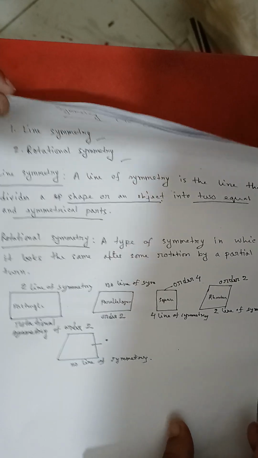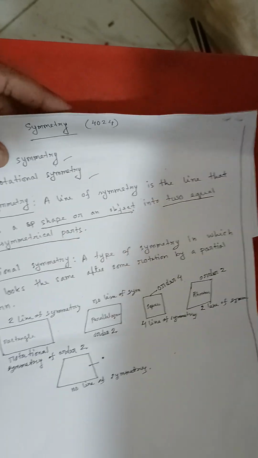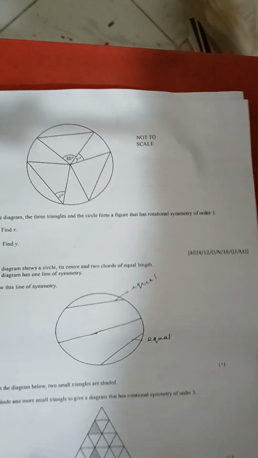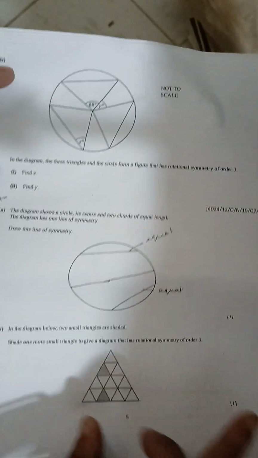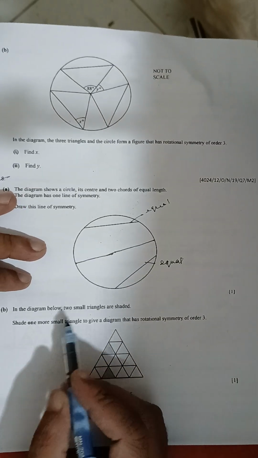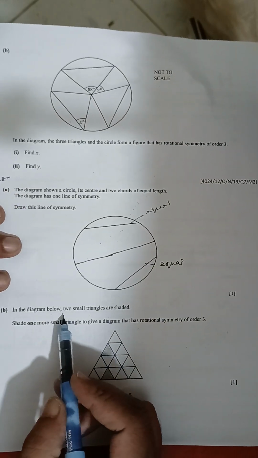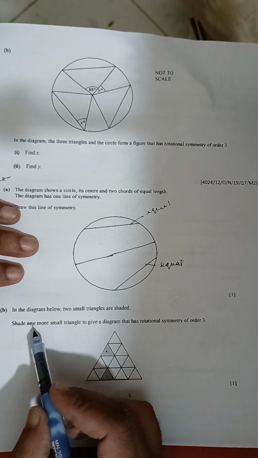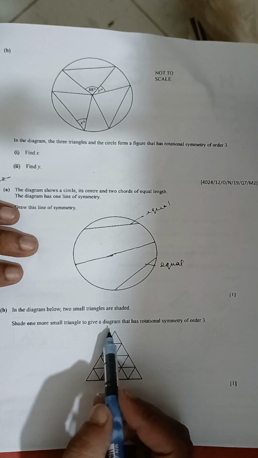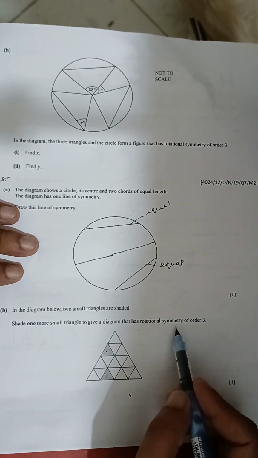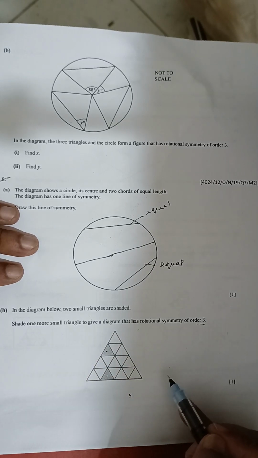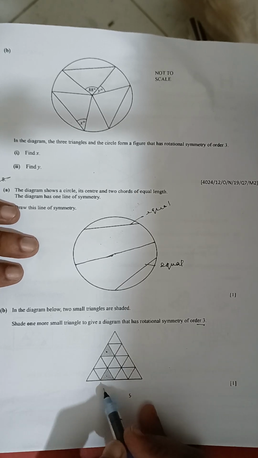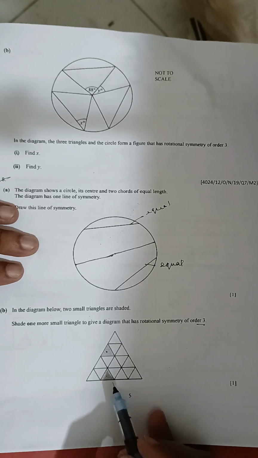Okay, now I'm solving some problems from a past paper, like this one. They said in the diagram below, two small triangles are shaded. These two are shaded. Shade one more small triangle to give a diagram that has rotational symmetry of order 3. In that case, look at the figure perfectly.